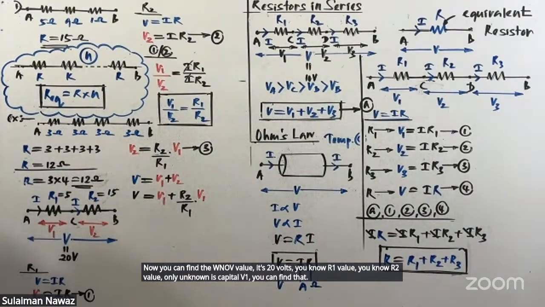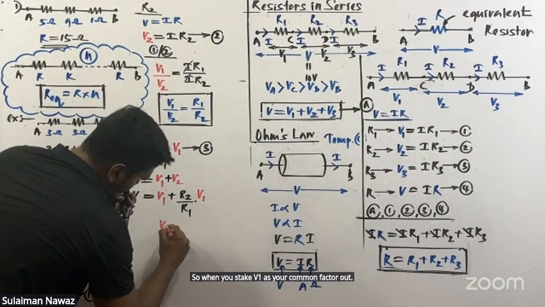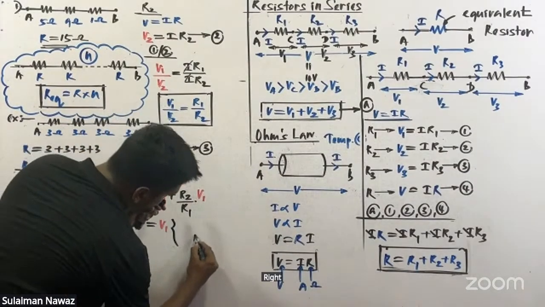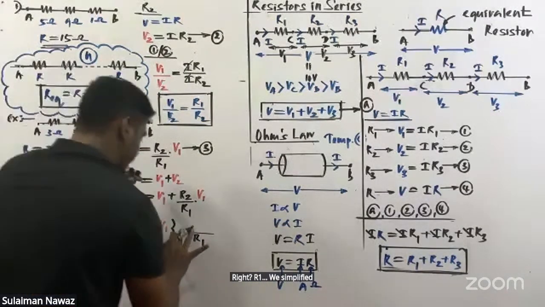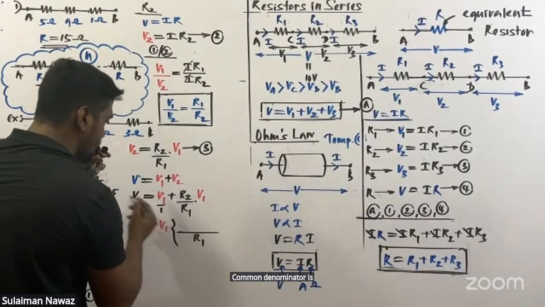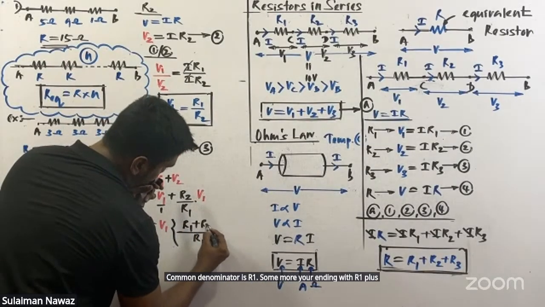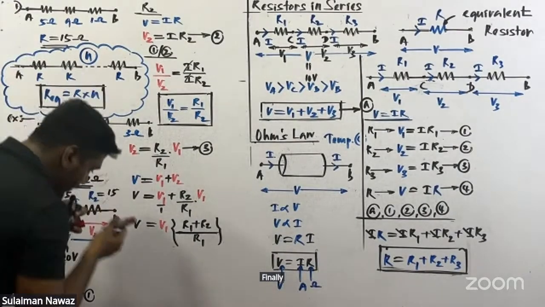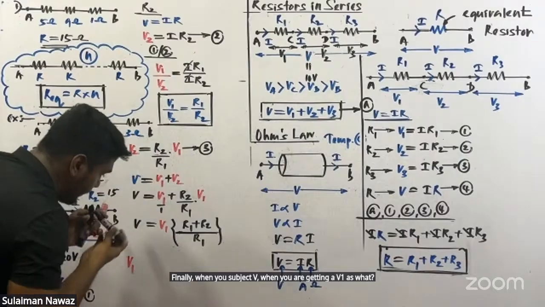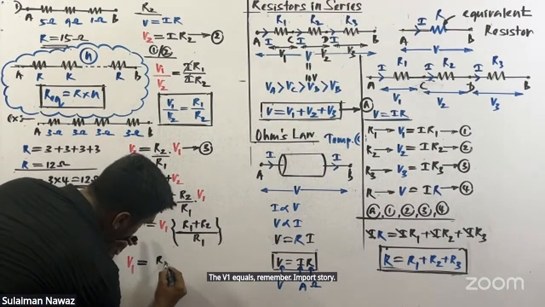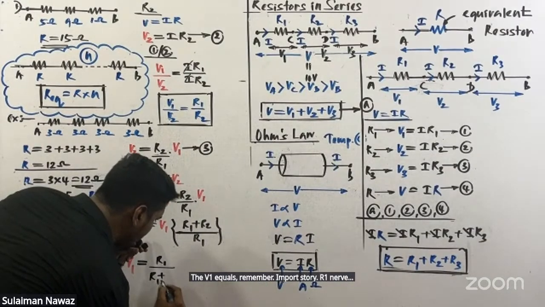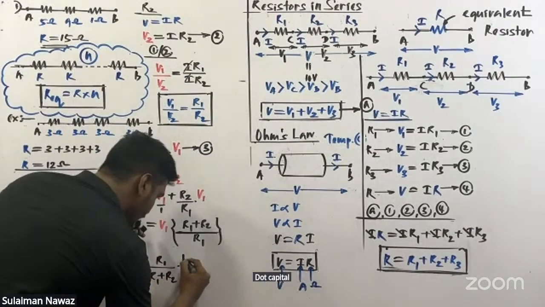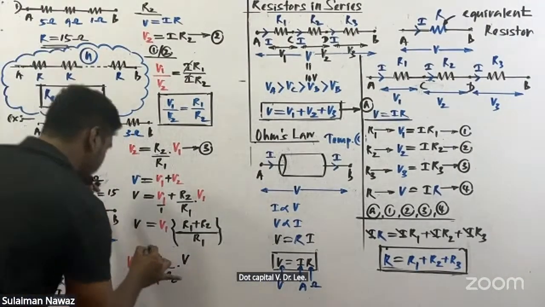Taking V1 as the common factor, the common denominator is R1, and we end up with R1 plus R2. Finally, when you substitute, V1 equals R1 over R1 plus R2 dot capital V. This is the summary.